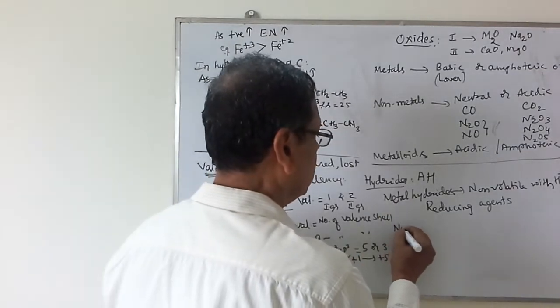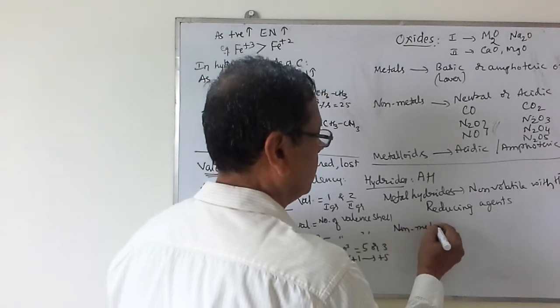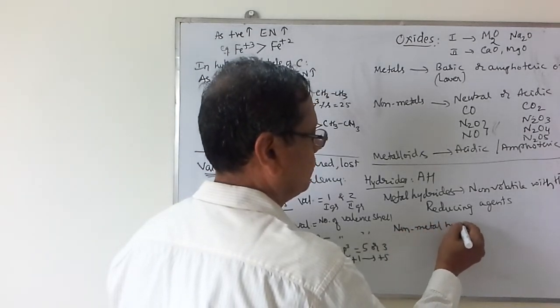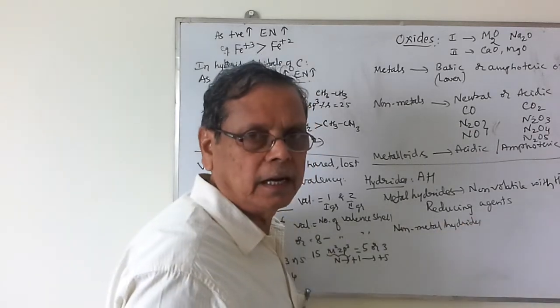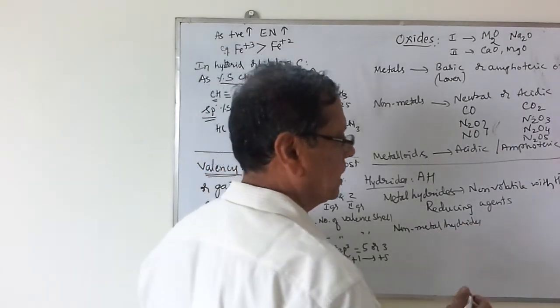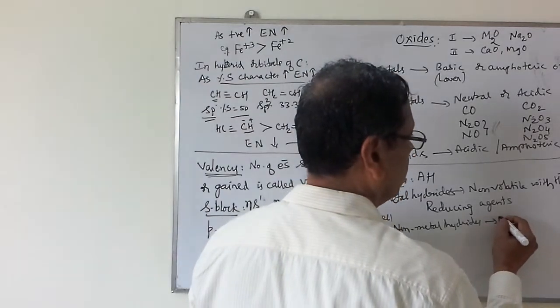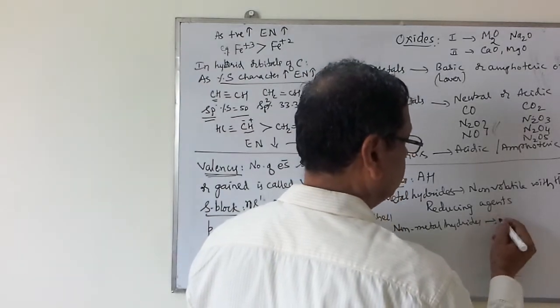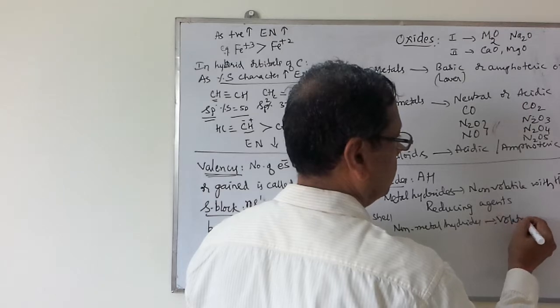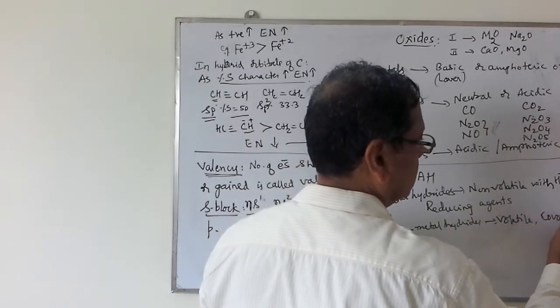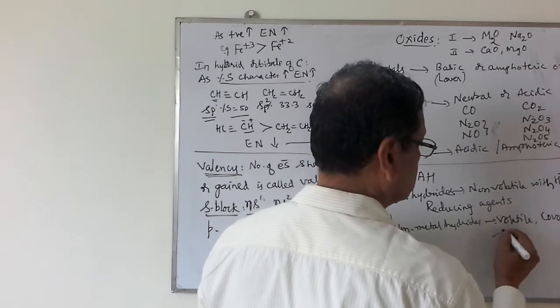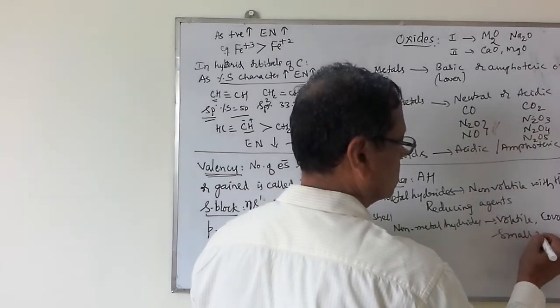While non-metal hydrides, for example, methane, ammonia, they are volatile, covalent in nature, and have small molecules.